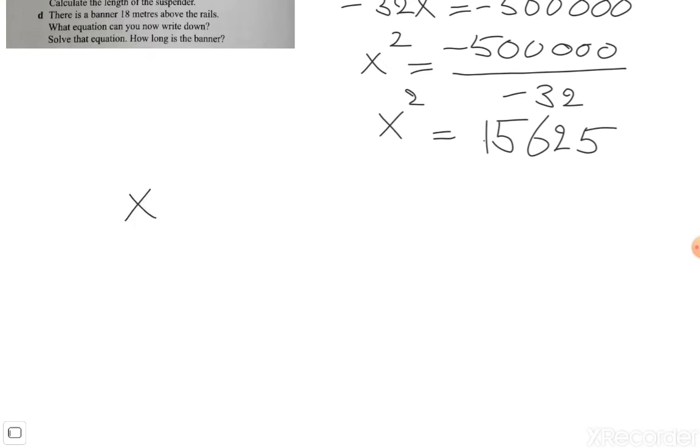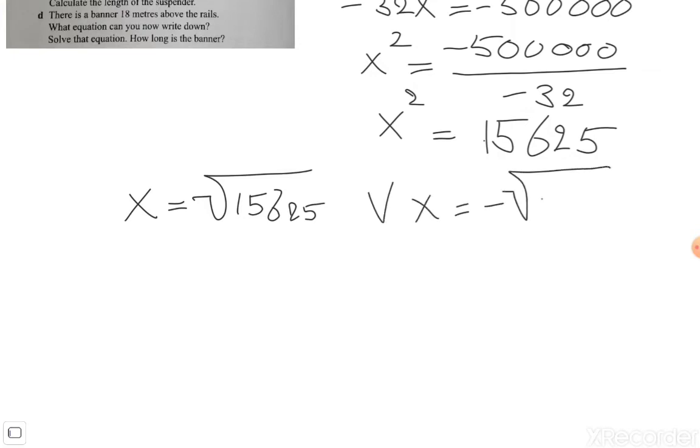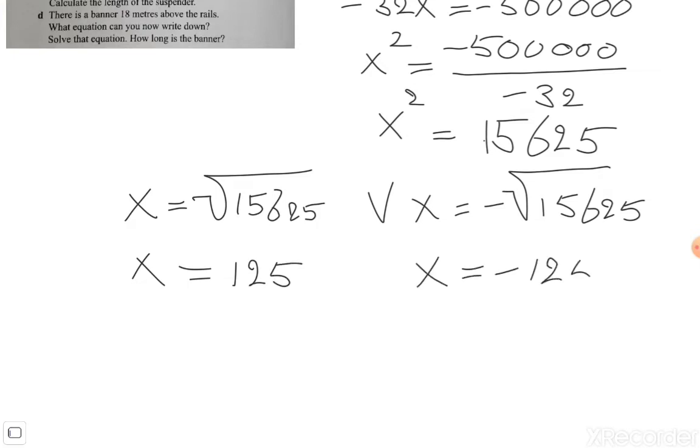Then you get x is the square root of 50,625, or x needs to be minus the square root of 50,625. So x is 125, or x is minus 125. So that's exercise 2A.